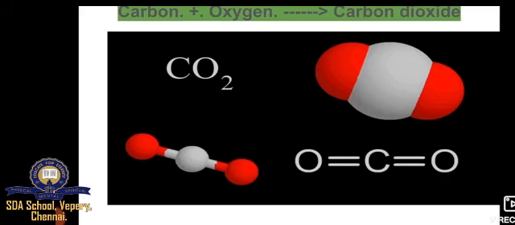Carbon is the white color ball, and two oxygen atoms are combining, denoted by red color. Again, a combined structure is given: C double bond O double bond O. This is the structure of carbon dioxide. Here also atoms rearrange to form a new compound, carbon dioxide.